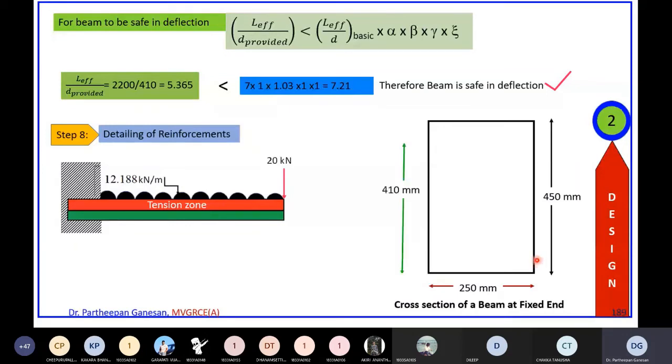Now you are providing an effective depth of 410 mm. At this 410 mm, you are providing 3 numbers of 20 mm bars as main tension reinforcement. We are providing them at the top in the cantilever beam because your tension is at the top. So in the extreme tension fiber, you are providing at an effective cover of 40 mm, 3 numbers of 20 mm diameter bars.